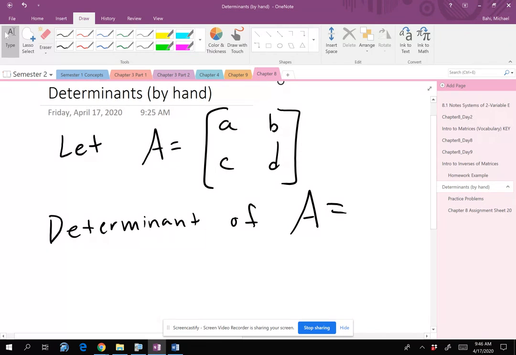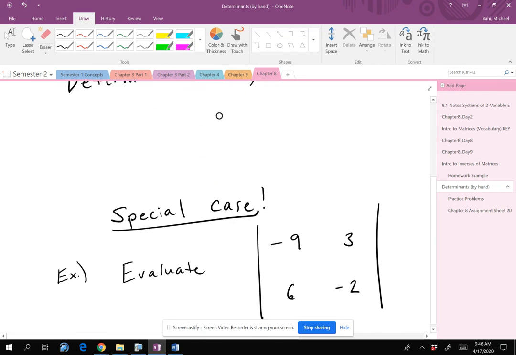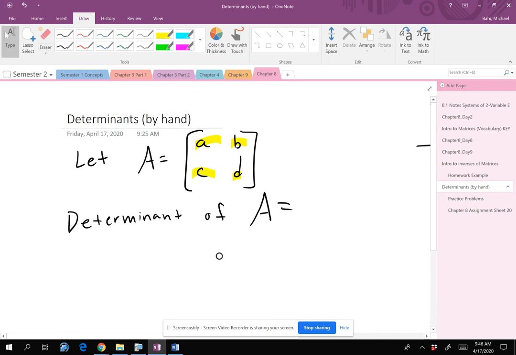So let's say we have matrix A, and the elements are a, b, c, and d. This is just the general rule of how to find the determinant, and after this we're going to do a special case. I'll show you the updated assignments, and I'm going to make another video on finding determinants of 3x3 matrices by hand.